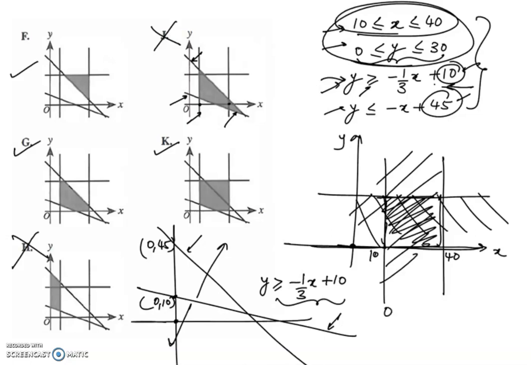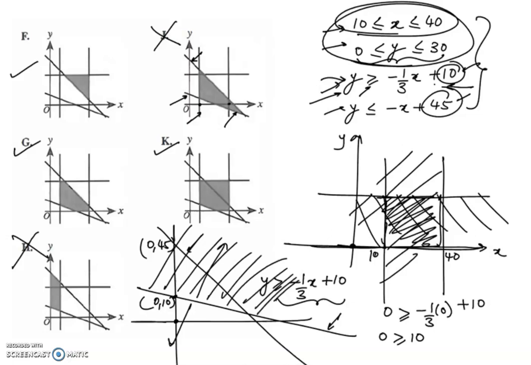So if we replace y with 0 and x with 0, does the origin satisfy this condition? You will see that 0 is not greater than or equal to 10, which means the origin does not satisfy this inequality, so it would be the region above. So that's this part.